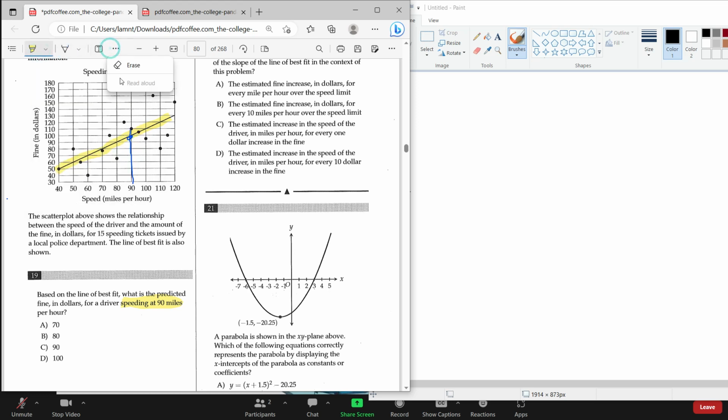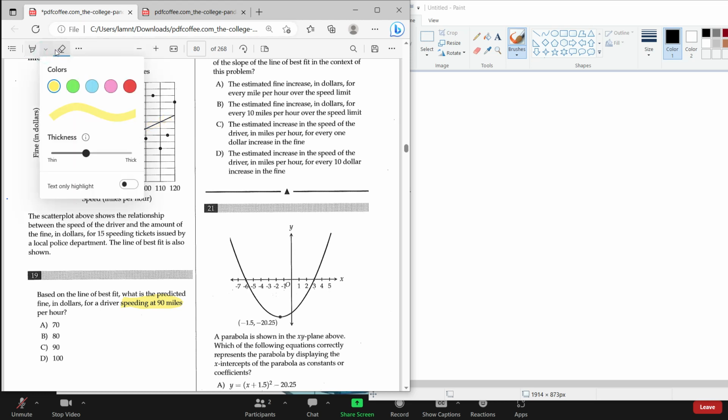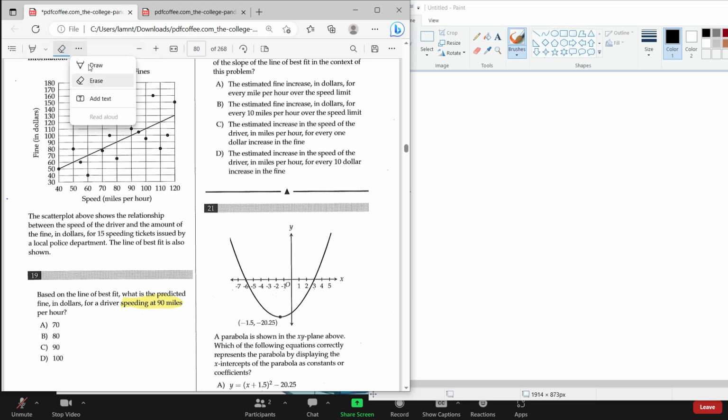Okay, let me erase it. So we're gonna draw a line, we're gonna raise it from the 90 point on the horizontal axis, up until it reaches the best fit line.